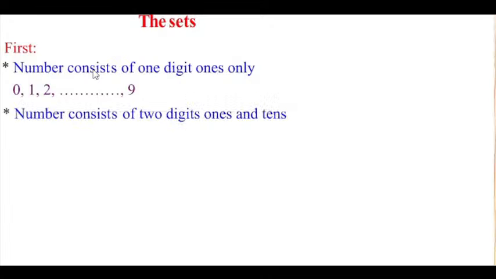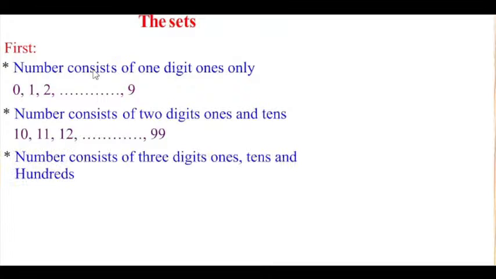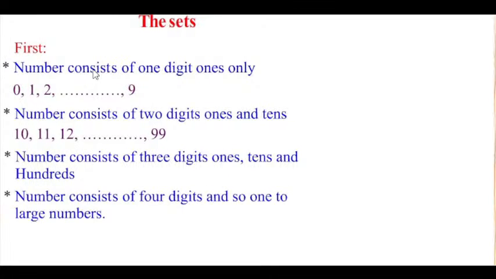Numbers consisting of two digits, ones and tens, 10, 11, 12, up to 99. Numbers consisting of three digits, ones, tens, and hundreds. Numbers consisting of four digits, and so on, and larger numbers.